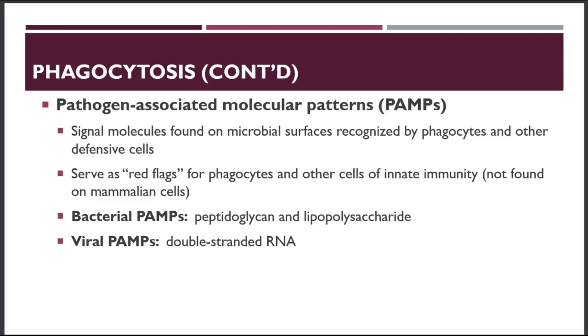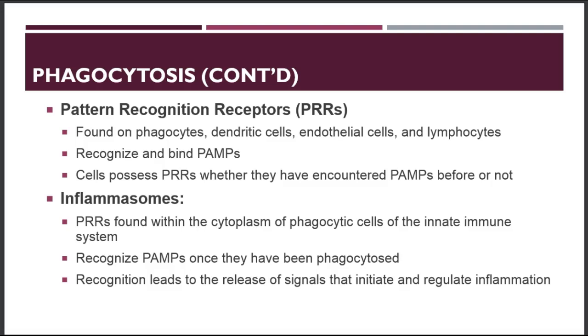The bacterial PAMPs are typically either peptidoglycan or lipopolysaccharide, both components of the cell wall of gram-positive or gram-negative organisms. Viral PAMPs typically are double-stranded RNA molecules that our phagocytes are going to recognize.